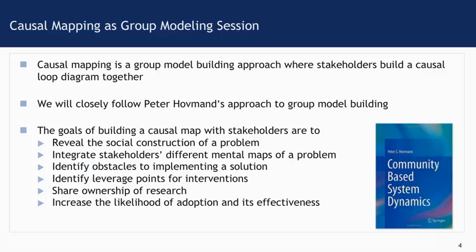It allows us to identify the obstacles to implementing a solution, to identify the best leverage points for interventions, and very importantly, stakeholder-involved causal mapping allows us to share the ownership of our research and increase the likelihood of adoption and effectiveness of the interventions we are developing.